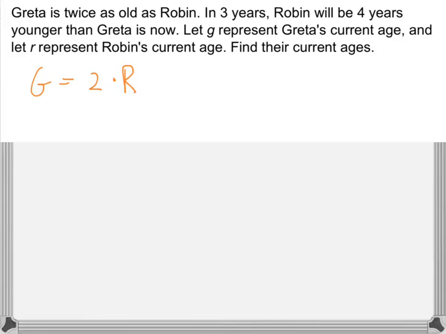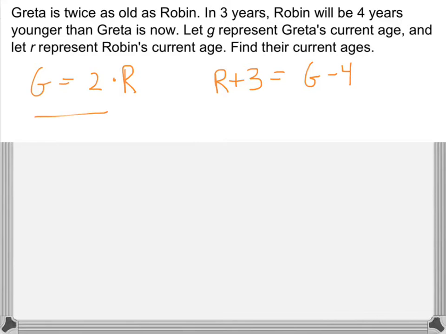Okay, in 3 years, Robin will be 4 years younger than Greta is now. So in 3 years, Robin will be, so let's say Robin plus 3 will be 4 years younger than Greta is now. So it'll be equal to Greta minus 4 years. Let G represent Greta's current age, and R represent Robin's current age. Find their current ages. I'm going to leave the question up to you, and I'm going to make this one of the Edmodo problems to see if you can solve this.